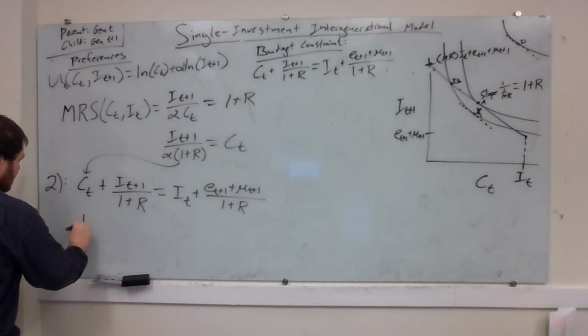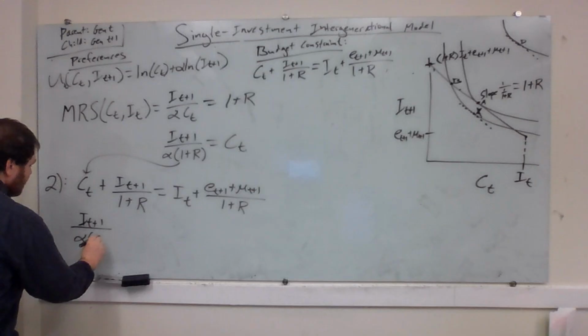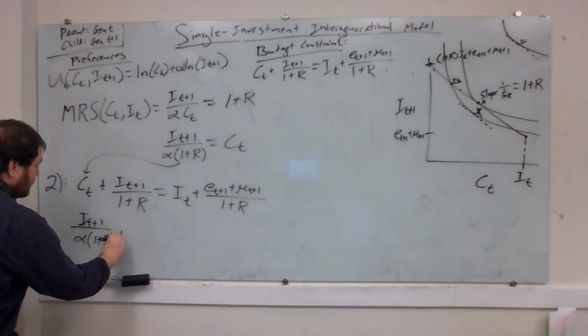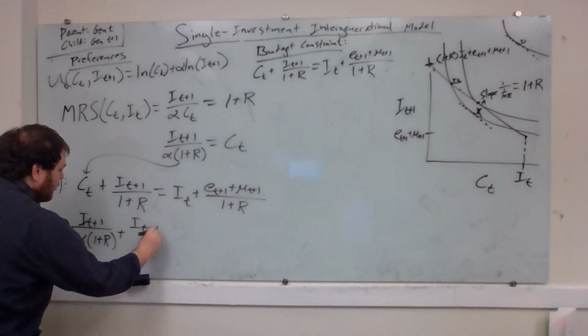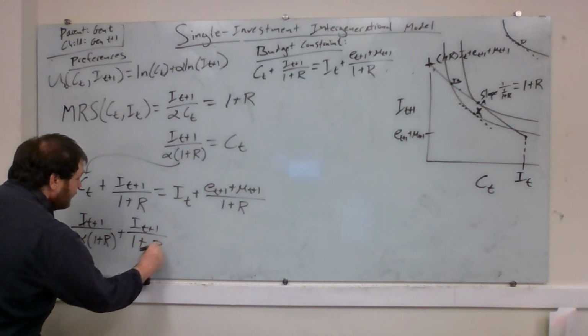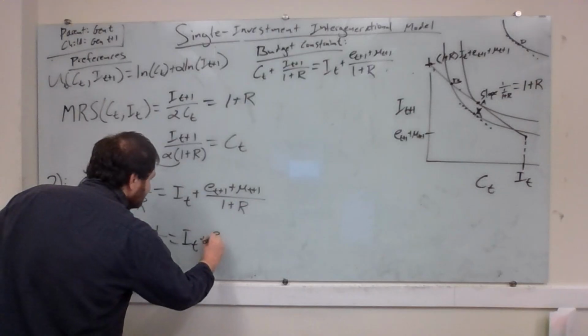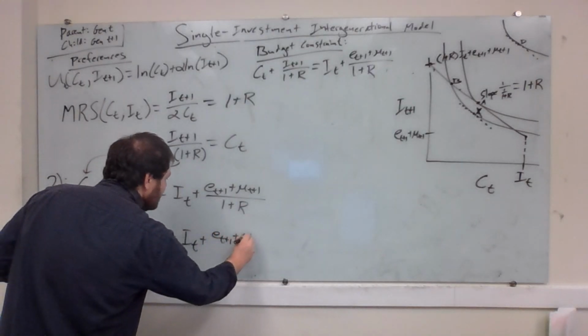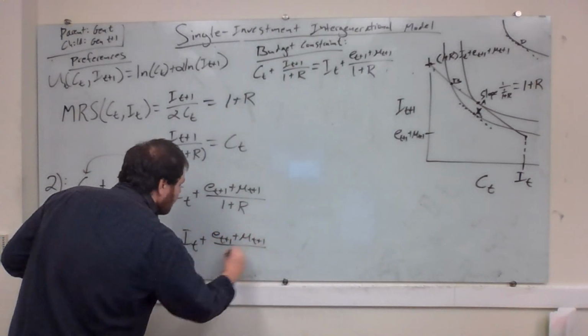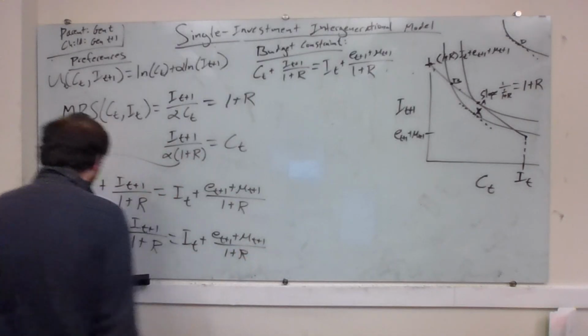So that'll give us i_t plus 1 over alpha times 1 plus r, plus i_t plus 1 over 1 plus r, equals i_t plus e_t plus 1 plus mu_t plus 1 over 1 plus r. Lovely, lovely.